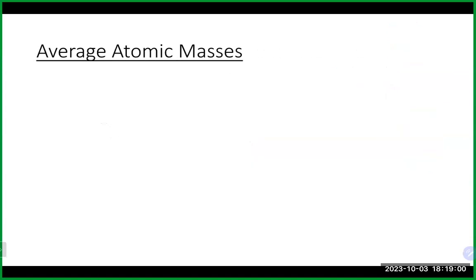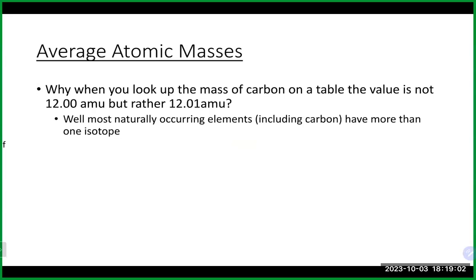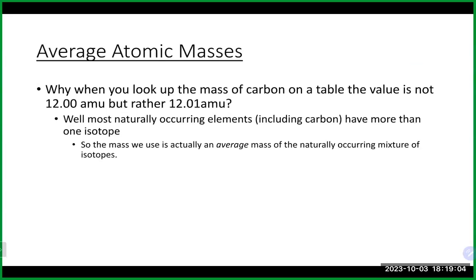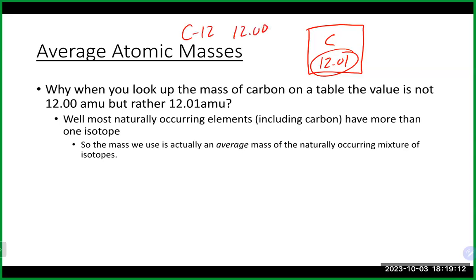As I mentioned before, when we look at carbon on the periodic table, it actually will say 12.01. So if our carbon-12 isotope has a mass of 12, why does it actually say 12.01? And that is because what we see on the periodic table are actually average atomic masses, average atomic masses of all the naturally occurring isotopes for that particular element.